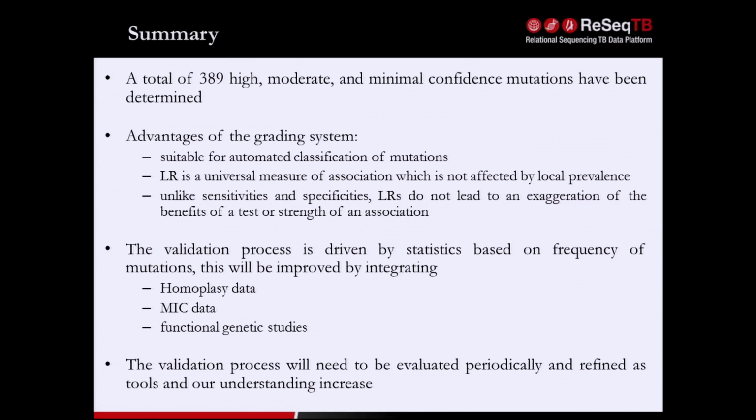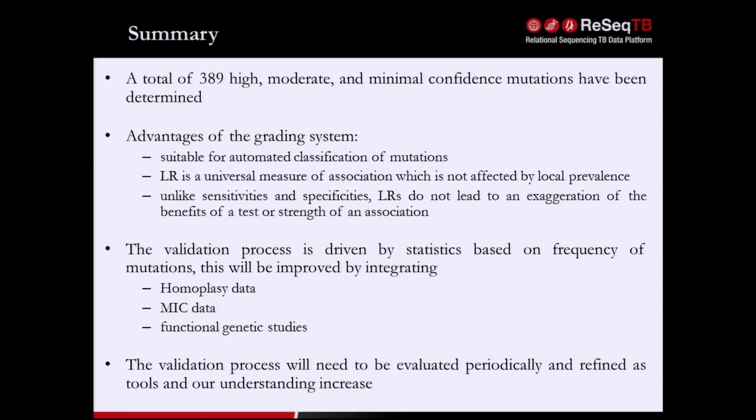So to conclude, we were able to compile a list of nearly 400 graded mutations that can be used to identify drug-resistant cases. And this system is really suitable for automated classification of mutations and is using a statistical measure that is not relying on the local prevalence of these mutations.